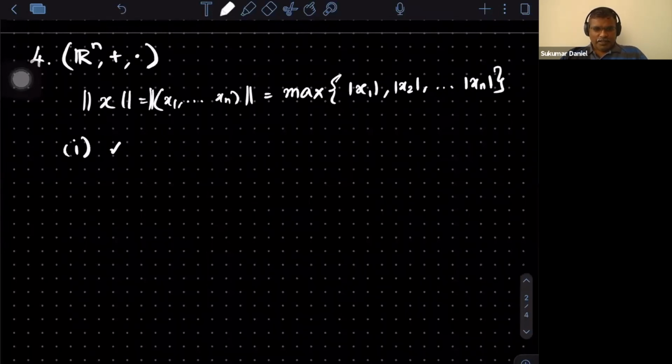Sometimes it makes a difference. 2, 3, 4 themselves will have a lot of difference, but at least make sure you understand it for 2. So consider it for 2 and then quickly go through. The maximum of 2 non-negative numbers is 0, which means each of them has to be 0, and you will get each coordinate is 0, right? So this is also fine. So the second part is also fine.